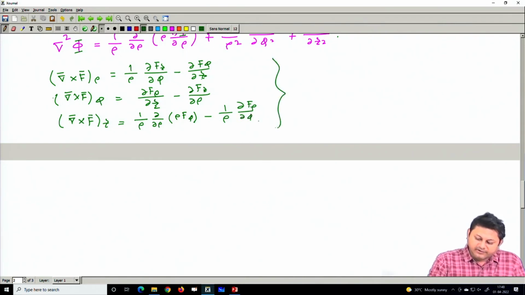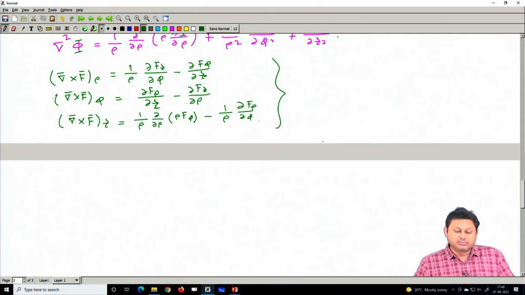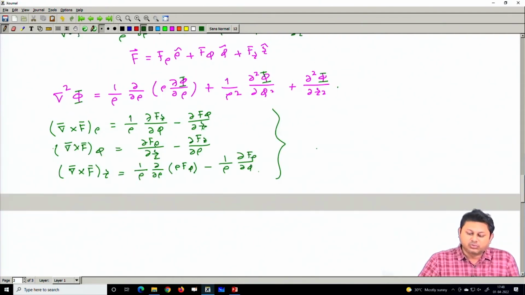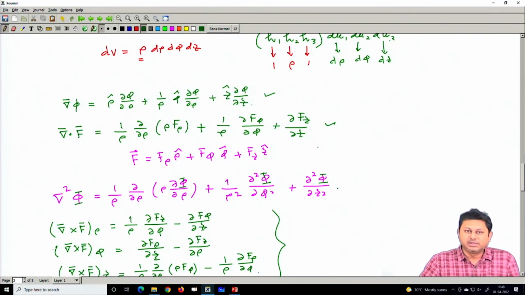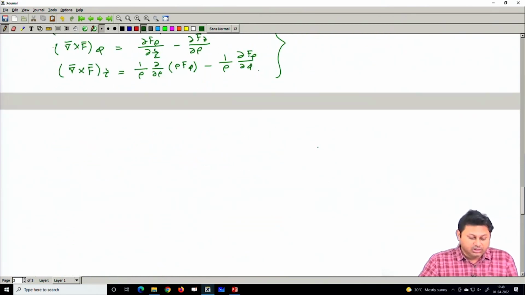A complicated kind of expression you find because you are doing the curl, but at least once you need to know how it is coming. Maybe it is not that much useful because there are many terms you need to remember, but at least you know how it is coming, that is the point.